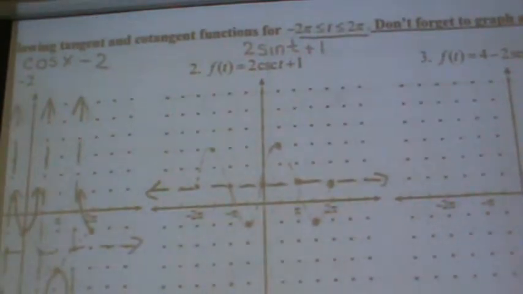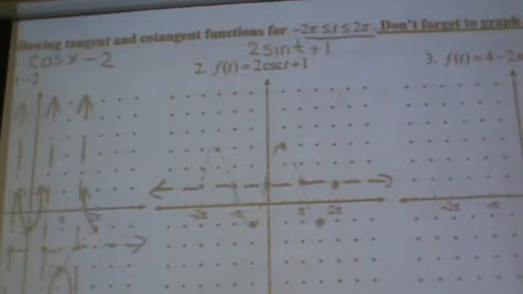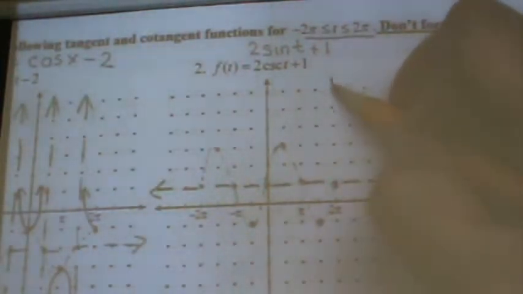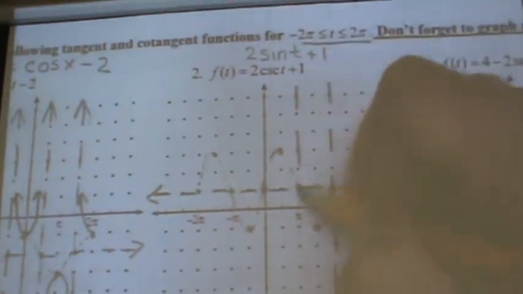Okay, is that our answer? No. That's gonna give you your asymptotes. Where are your asymptotes? At all the zeros. There's 1. Another one.